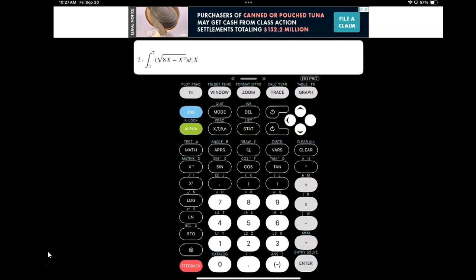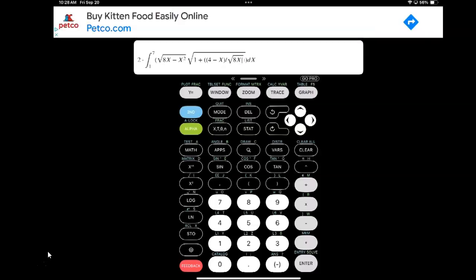I need to get outside of the square root, and then a second square root, 1 plus, parentheses, 4 minus x divided by the square root of 8x minus x squared.